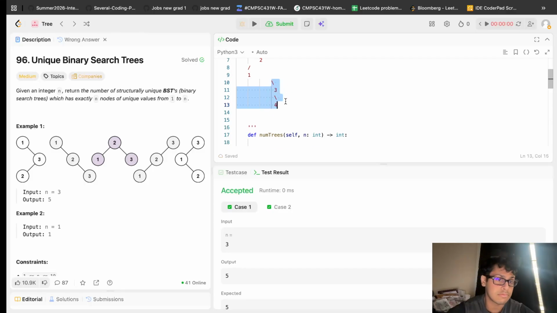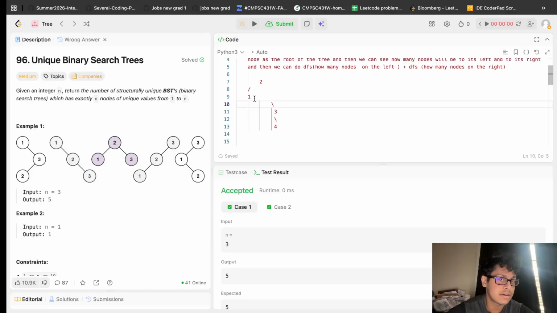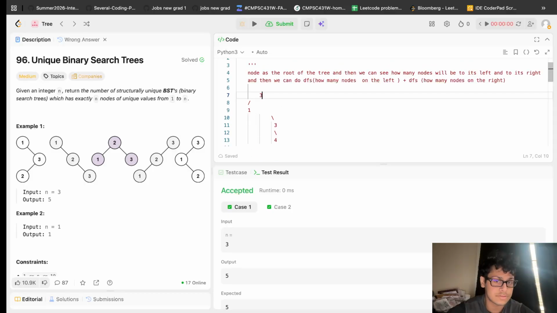So this right subtree. But what if, let's say we had 5 nodes, right? And we had 1, 2, 3.